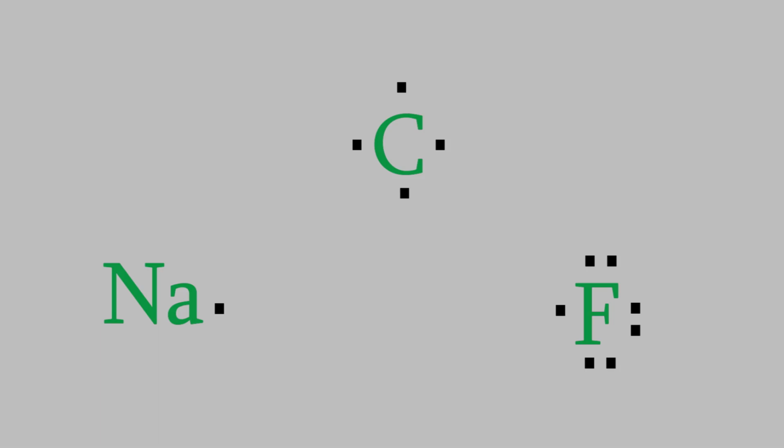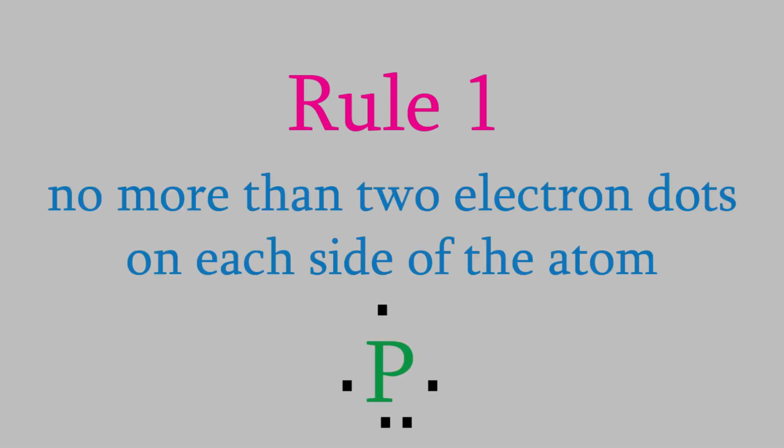There are just a few simple rules for the dots. First, remember, an orbital can only have up to 2 electrons in it, so each side of the element can only have up to 2 dots. Second, remember that Hund's rule tells us that each orbital in a set should get 1 electron before the electrons start to pair up.